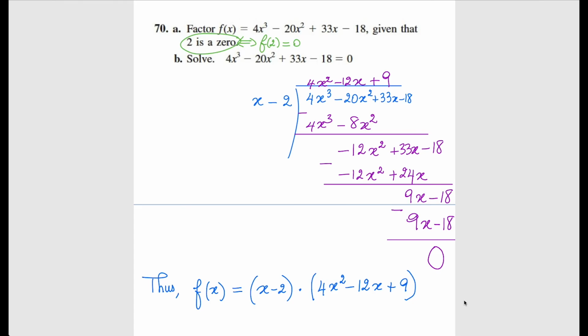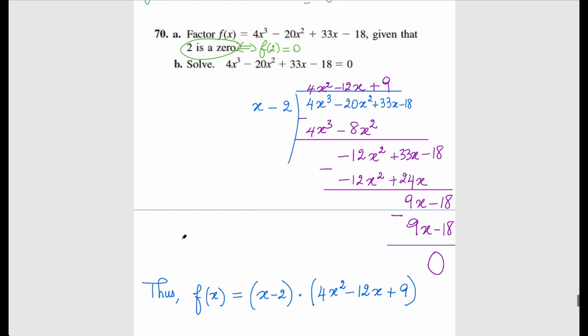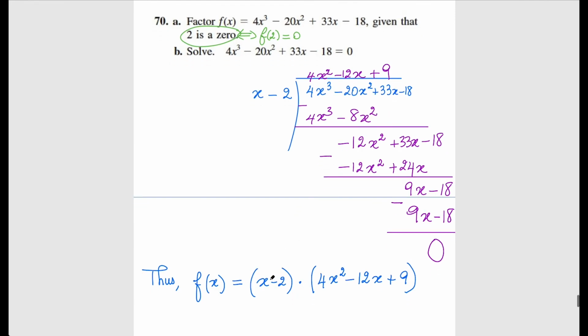I can erase that. So f of x, which used to be this sum of 4 guys, now I'm writing as a product. They want to factor, remember? So almost there.